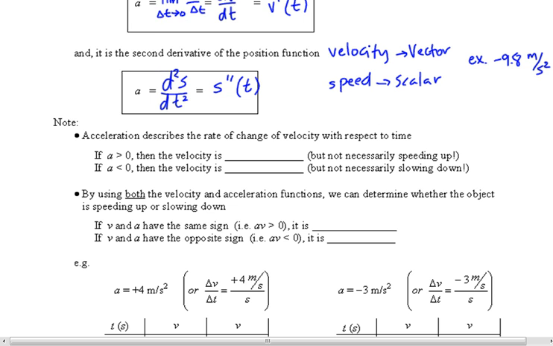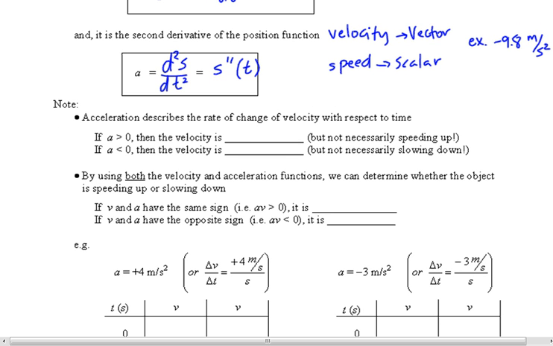Acceleration describes the rate of change of velocity with respect to time. So if acceleration is greater than 0, then the velocity is increasing. If it's less than 0, our velocity is decreasing.